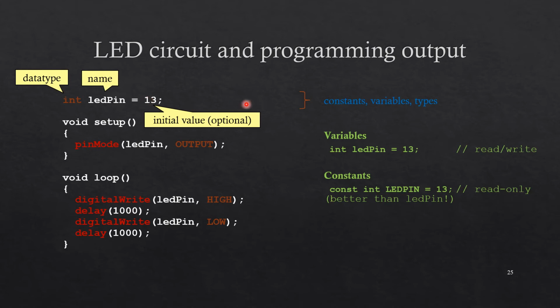A variable means that I want to reserve a piece of memory to read and write to in my program. But a constant means I want to reserve that part of the memory as read only, because I won't be changing that value. Using this one is better if you are defining the pins that you are connecting your components to.